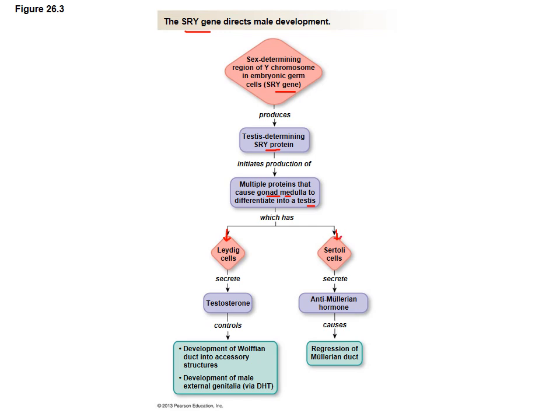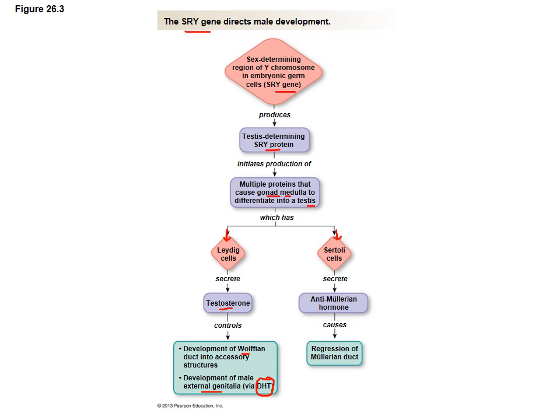It's the Leydig cells which secrete testosterone, and testosterone causes the development of the Wolffian ducts into all of the accessory structures, and then indirectly it's the testosterone which causes the development of the external genitalia. We say indirectly because it's actually DHT, or dihydrotestosterone, which is directly responsible for the development of the external genitalia.